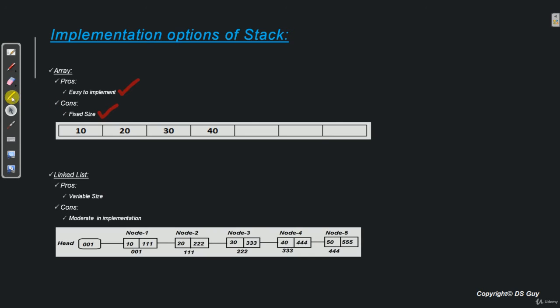Now to counter that problem, we have linked list implementation, whereby the size is variable. So we can increase or decrease the size of the stack depending on our need, which we could not do in case of an array. However, the con of implementation with a linked list is the implementation becomes comparatively moderate than an array, which was extremely easy to implement.